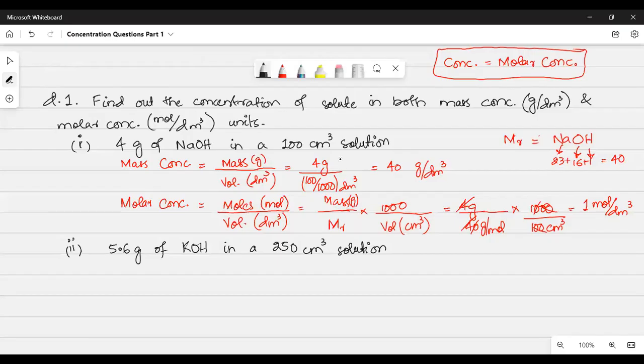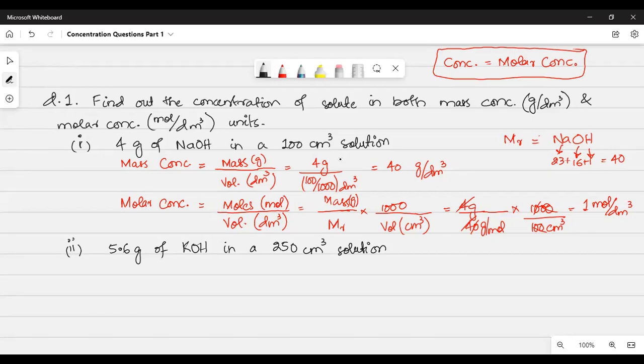Your answer, please. And is that for mass concentration or molar concentration? Because I didn't get it. Sir, it's 22.4 grams per decimeter cube. Okay, yeah, then that means it's definitely mass concentration.